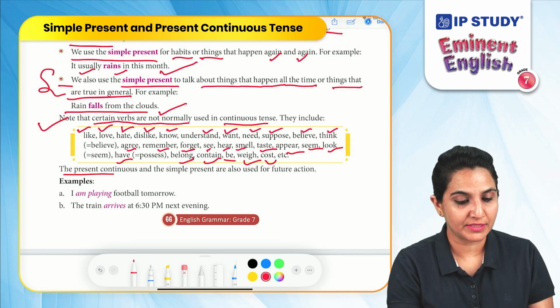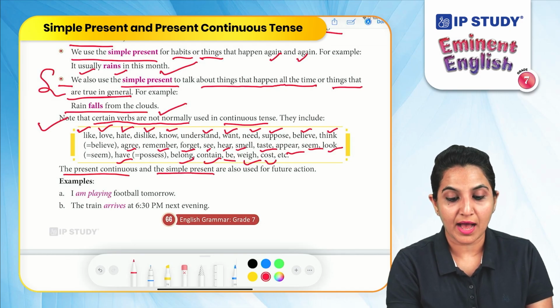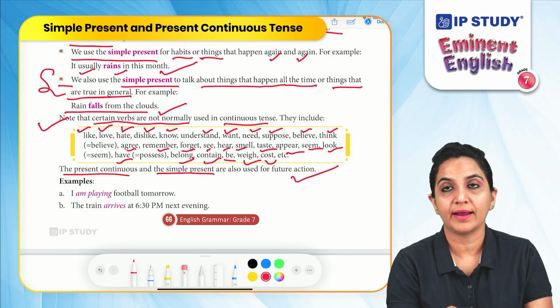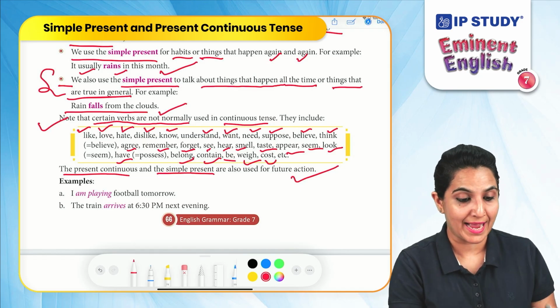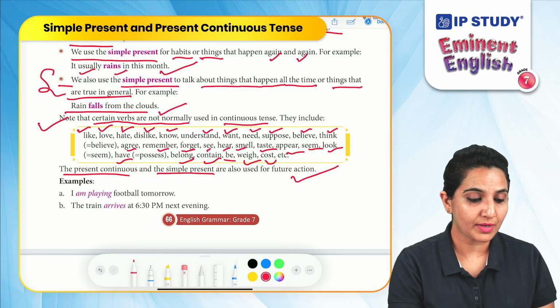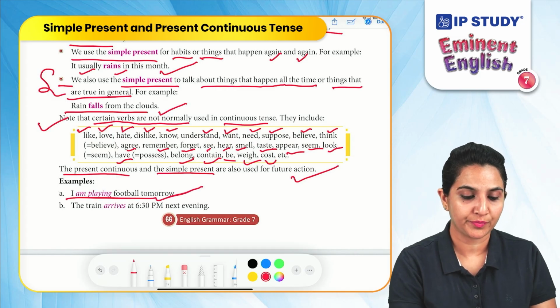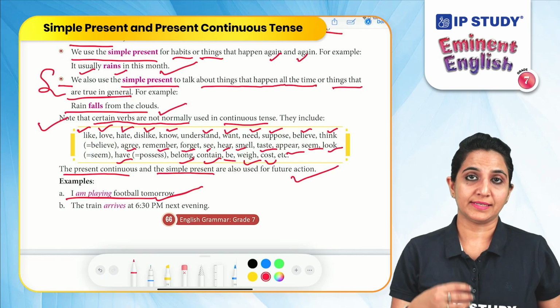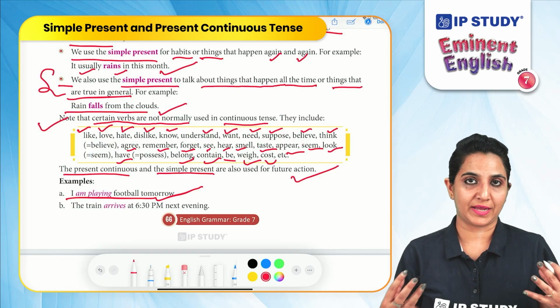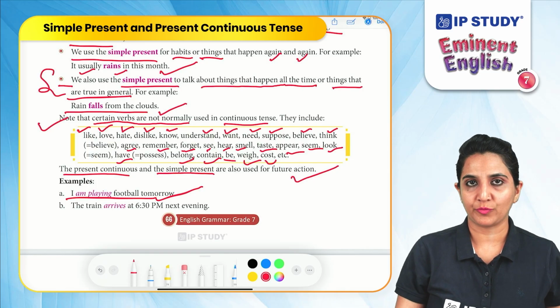The present continuous and the simple present are also used for future action. So both of the tenses are also used for future action. For example, I am playing football tomorrow. Tomorrow is a future action and we use the present continuous tense to express this form of verb.